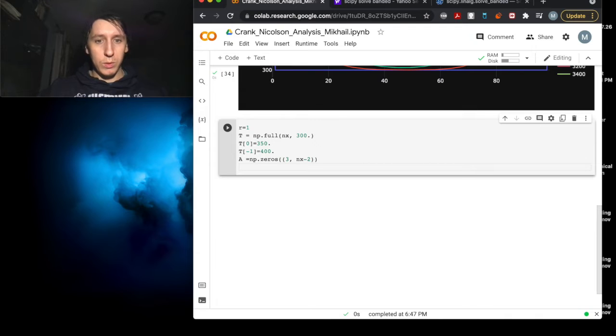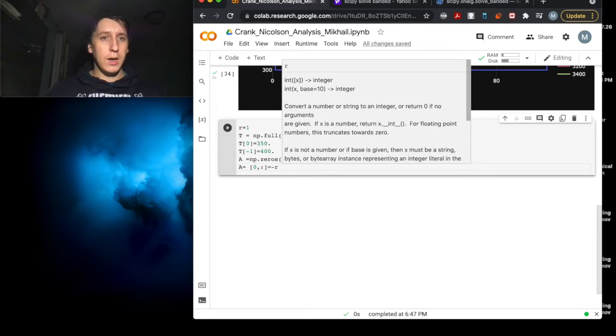So then what we want to do is also indicate, it's going to be from 0 to the end, and that's going to be negative r, because we know that one of the values right there was negative r. And then we knew the other one in one position for us is going to be from 1 to the end, and it's just going to be 1 plus 2 times r, of course, because like I just said, we only have 3 diagonals, the rest are zeros there.